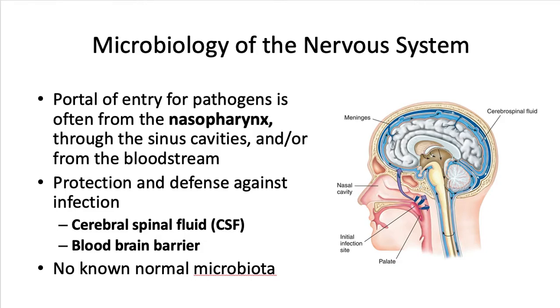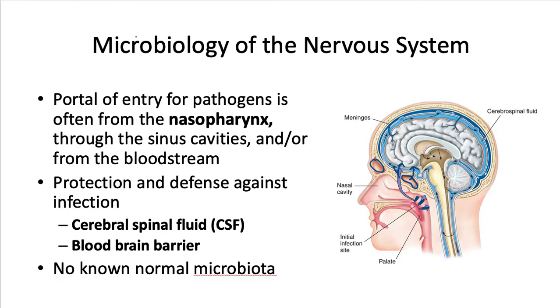They may or may not be able to cross that blood-brain barrier and get into the brain or into the meninges and then travel through the cerebral spinal fluid also to the spinal cord. So the nasopharynx is usually the portal of entry, or the sinuses. The sinuses are actually air pockets in our skull, and so if a microbe can get from the sinuses into the nervous system, that'd be another way to get in.